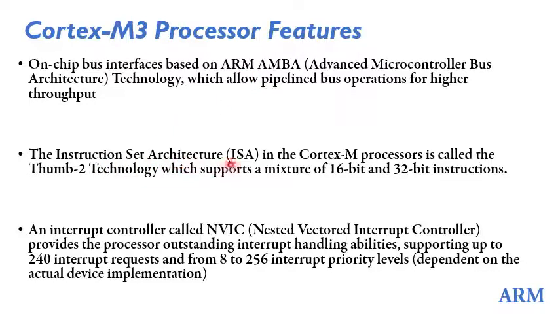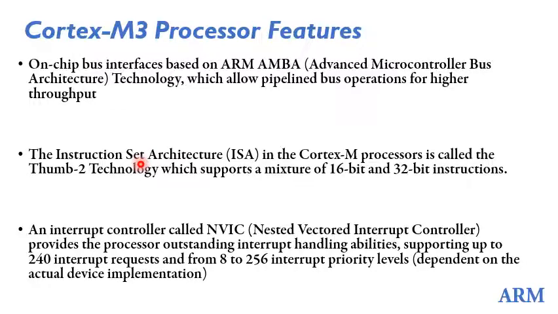The instruction set architecture in the Cortex-M processors is called the Thumb 2 technology, which supports a mixture of 16-bit and 32-bit instructions. In the earlier ARM processors, there is something called ARM mode and thumb mode. In ARM mode, the instructions are 32-bit instructions, and the thumb instruction set is a subset of the ARM instruction set which are 16-bit.